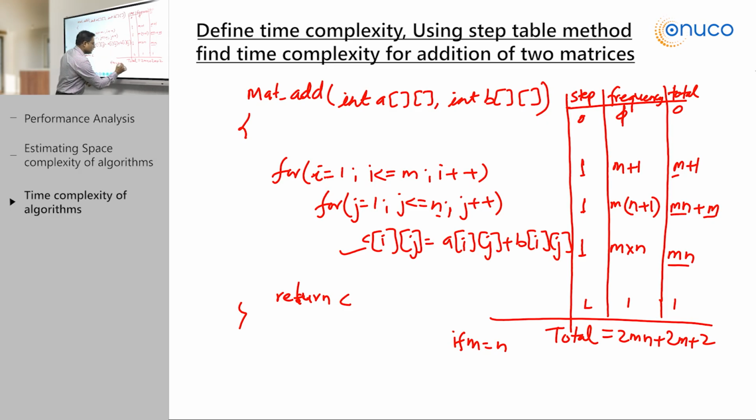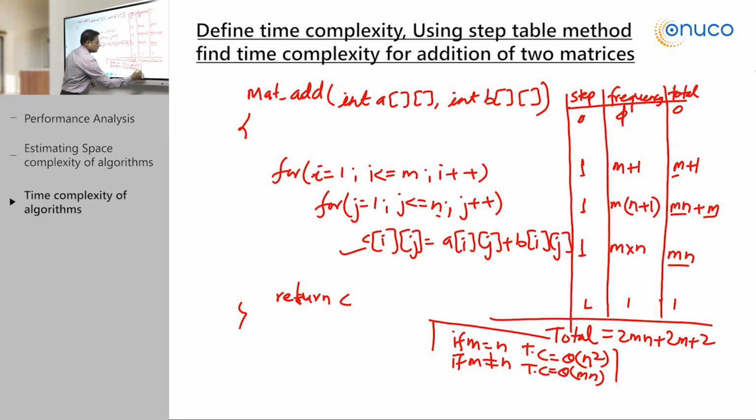In that case, what will be the time complexity, friend? The time complexity will be theta of m square or n square when m is equal to n. If m is not equal to n, then the time complexity is theta of m cross n. Remember that.